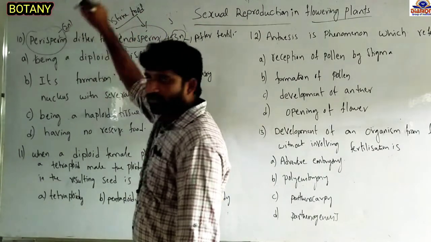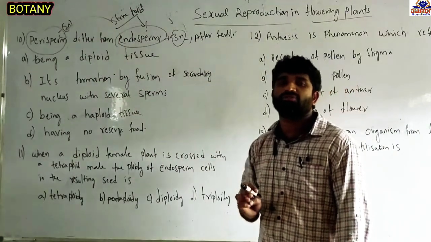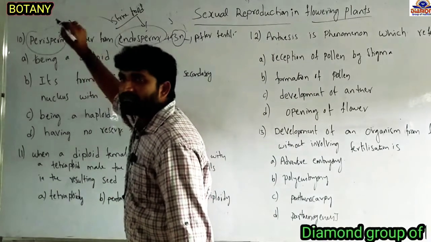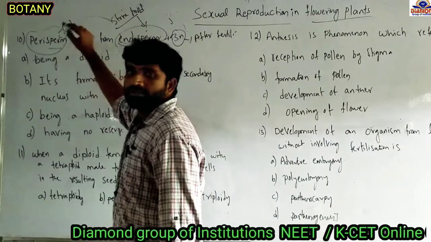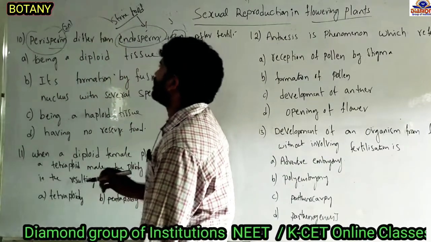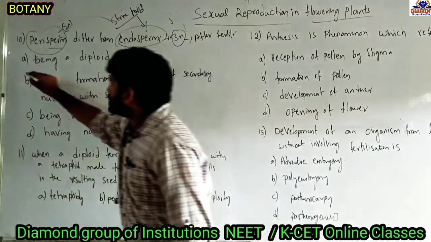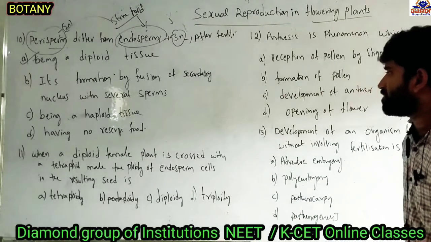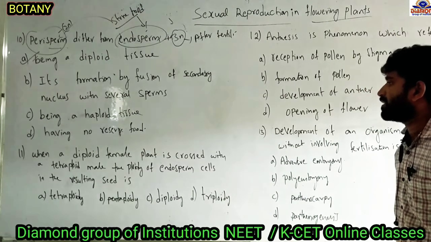The nucellus tissue was present before the fertilization, and after the fertilization also the nucellus tissue is present. Persistent nucellus tissue we call a perisperm. So perisperm is always diploid. So option A, being a diploid tissue. So answer is A.